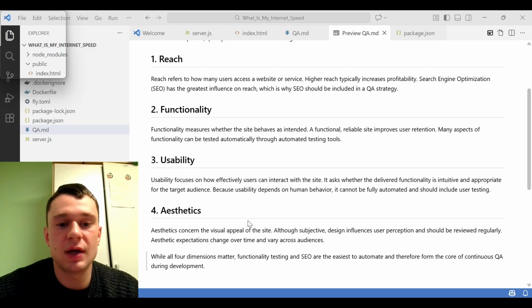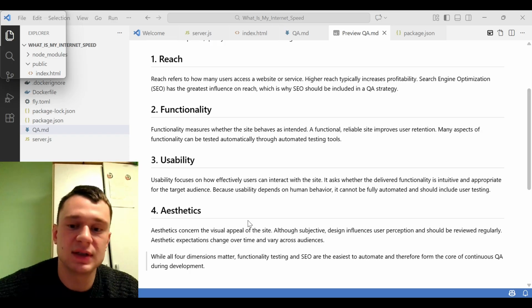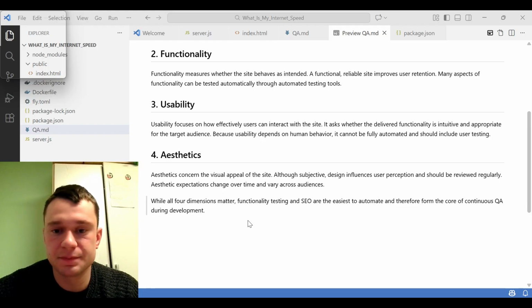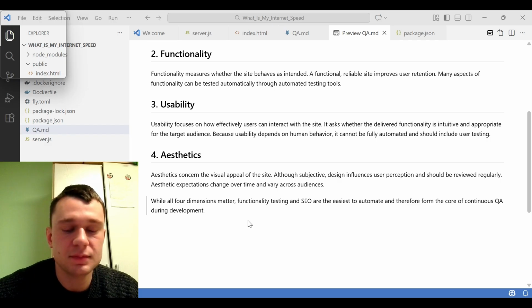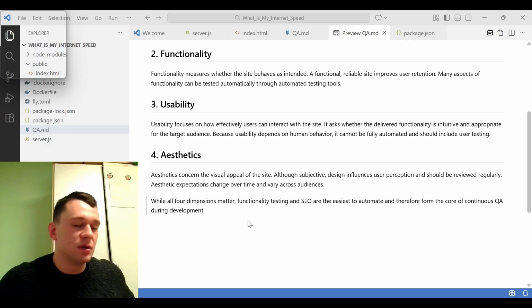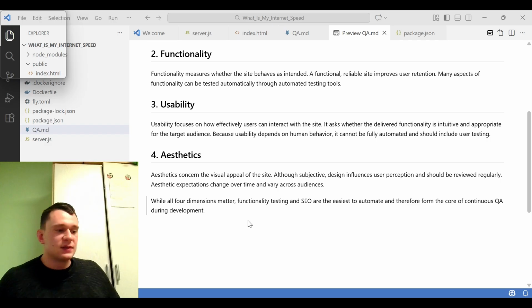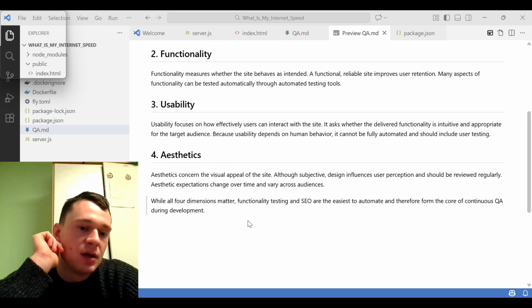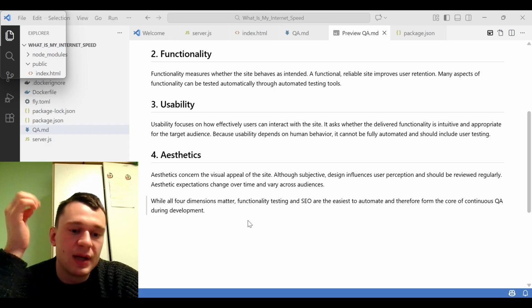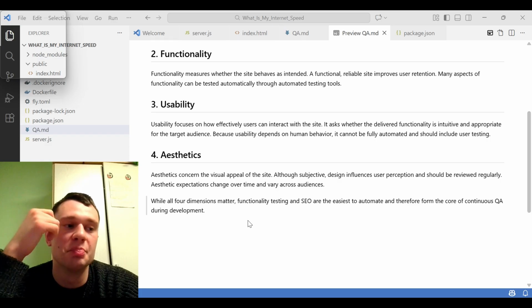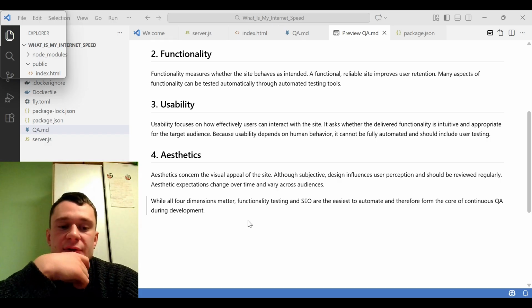The last one I would say is aesthetics. It was also said it is not so important because it's very subjective, but for many people it's still important to have a good looking website, because sometimes when you look at a website and it's 30 years old and you only have links and plain texts, you don't really want to use that website, and it doesn't appeal to you as very user friendly.